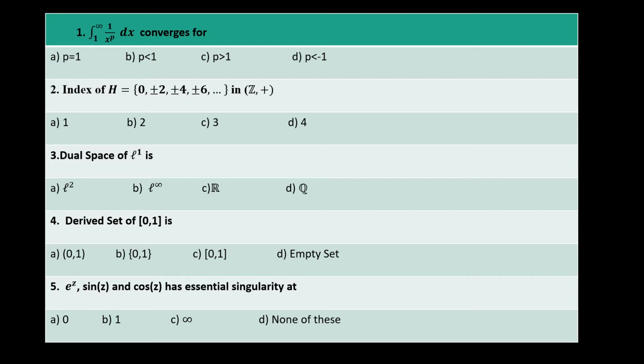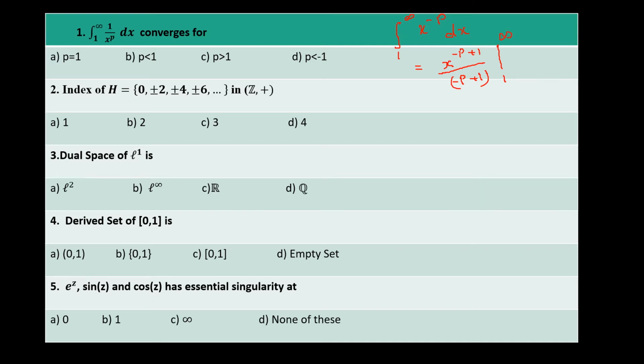So here we look at the integral from 1 to infinity of 1 over x raised to power p, which is eventually x raised to power minus p dx, and by the power rule this gives x raised to power minus p plus 1 over minus p plus 1, from 1 to infinity.